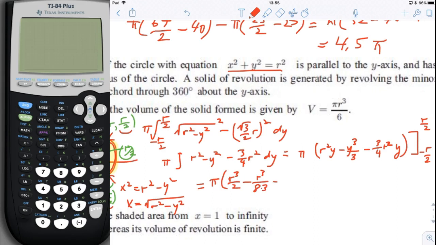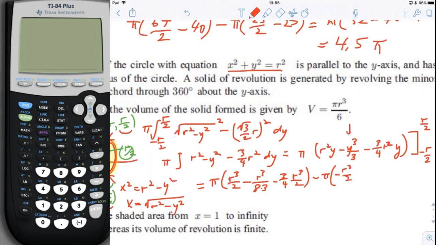Minus 3/4 r squared, r squared times r over 2, so it'd be r cubed over 2. And then I'm going to subtract negative r over 2 substituted in there. So negative r over 2 substituted in here would give me negative r cubed over 2.